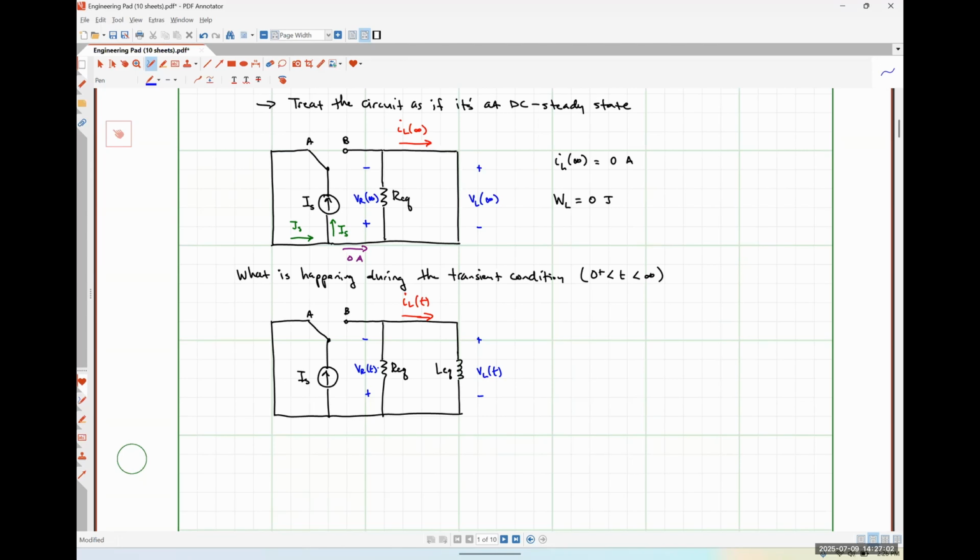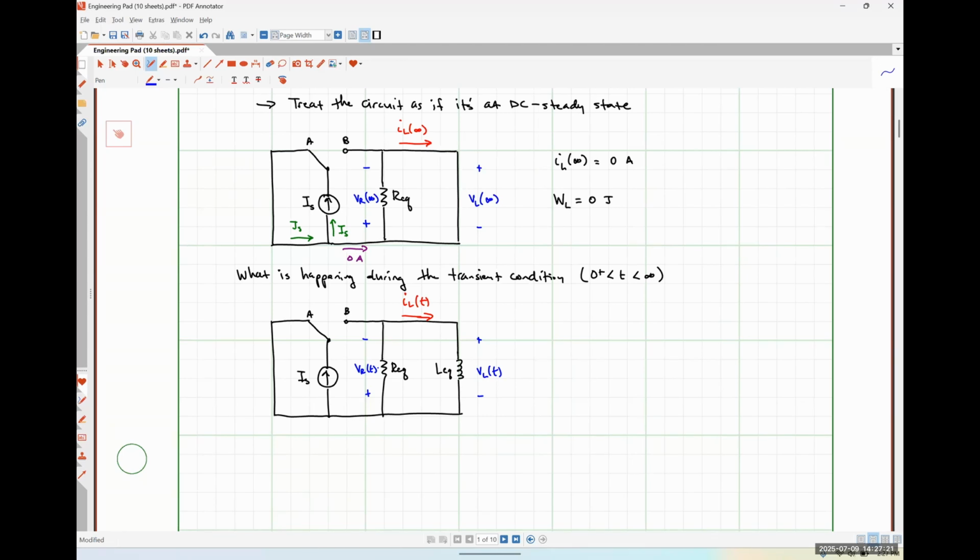Another way to think about that is that the inductor had some amount of energy stored in it right before the switch changed states, and it has to have that exact same amount of energy stored in it the moment after the switch changes states.